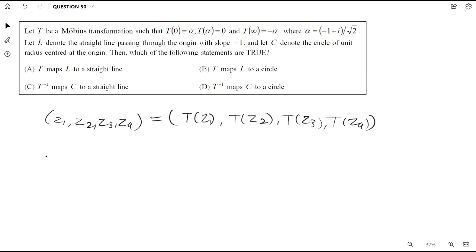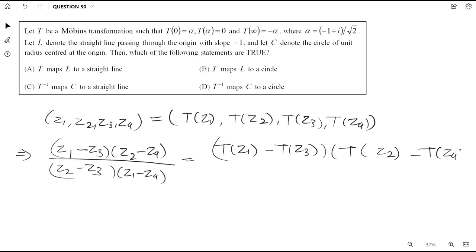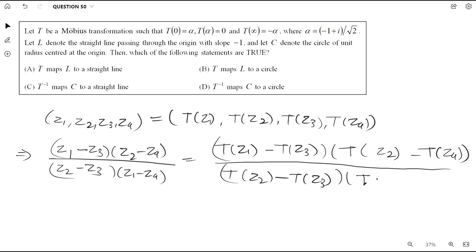We can write it as (z1 minus z3) into (z2 minus z4) divided by (z2 minus z3) into (z1 minus z4), which is equal to (T of z1 minus T of z3) into (T of z2 minus T of z4) divided by (T of z2 minus T of z3) into (T of z1 minus T of z4).